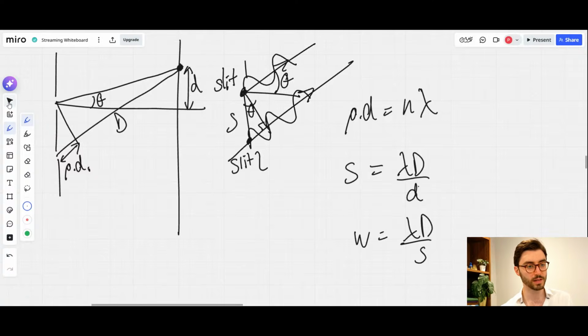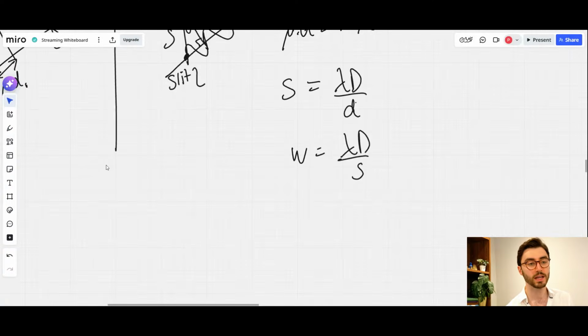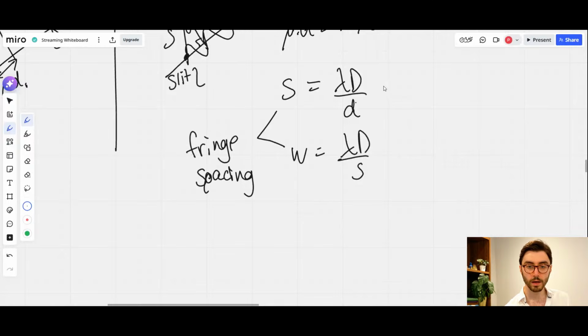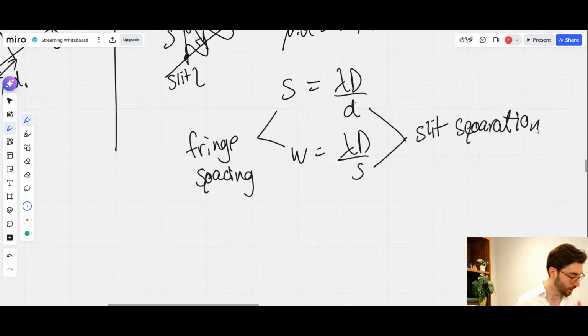Apologies for that slight brain fart. But the idea here is that these are the fringe spacing, and little d or s is equal to the slit separation. What was I missing about that?